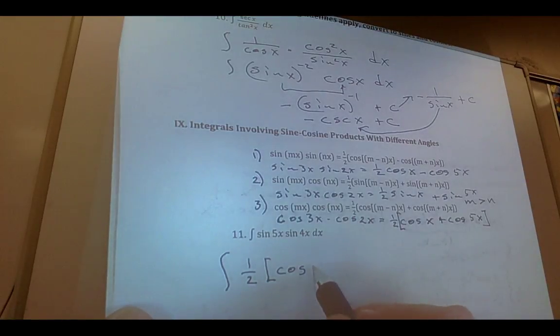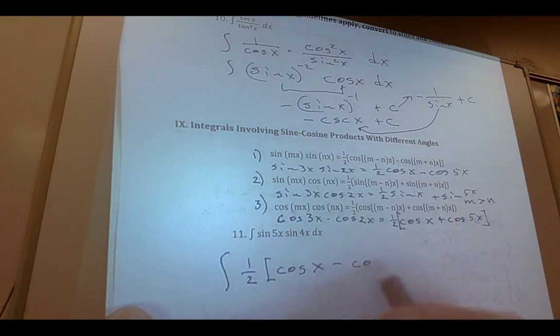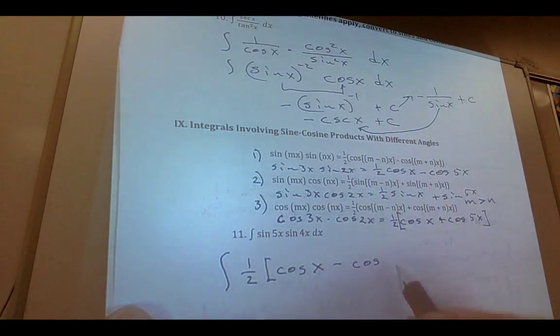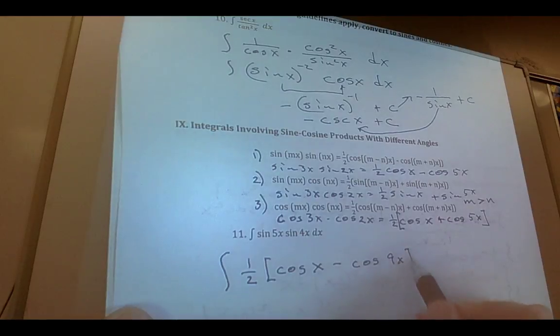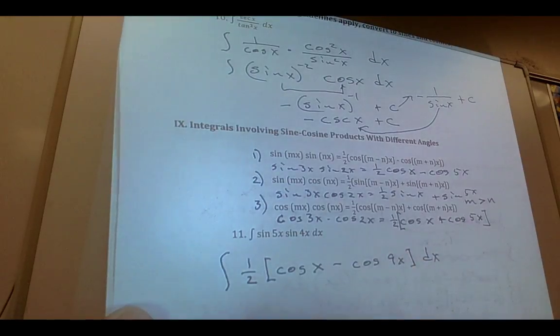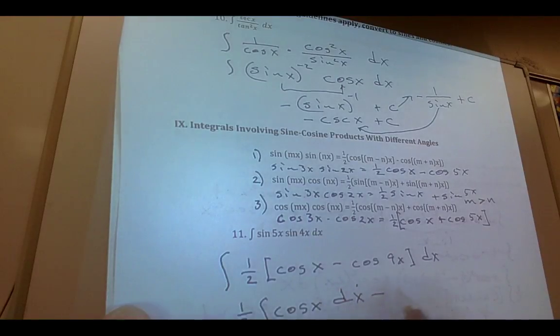It's just going to be 5 minus 4. Minus the cosine of 9x dx. So now you can break this up into 2 integrals. And you have 1/2 the integral of cosine of x dx, minus 1/2 the integral of the cosine of 9x dx.